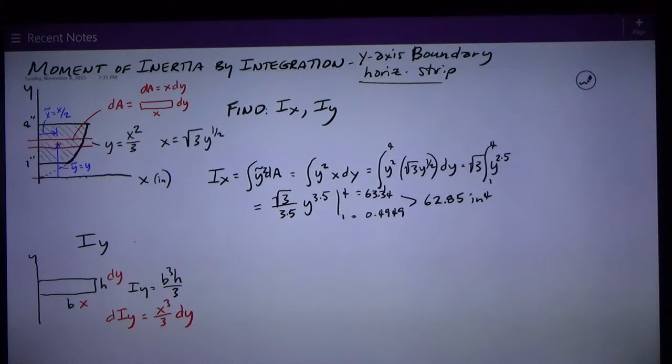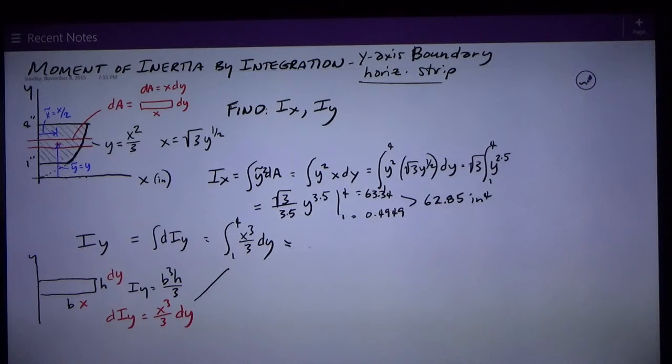So Iy, instead of the integral of x tilde squared dA, is just the integral of that differential moment of inertia of a rectangle about an axis on its side, dIy, which is equal to the integral from 1 to 4, because we're integrating on the y-axis, of x cubed over 3 dy, which I just derived.